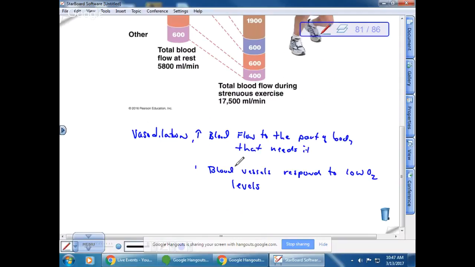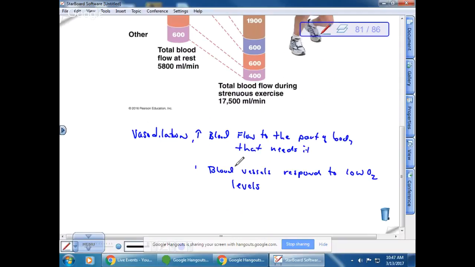So the blood vessels can actually respond to the concentration of oxygen in the tissues, okay? If you're not using your muscles, then vasoconstriction happens and blood is shunted to a different part of the body, okay?